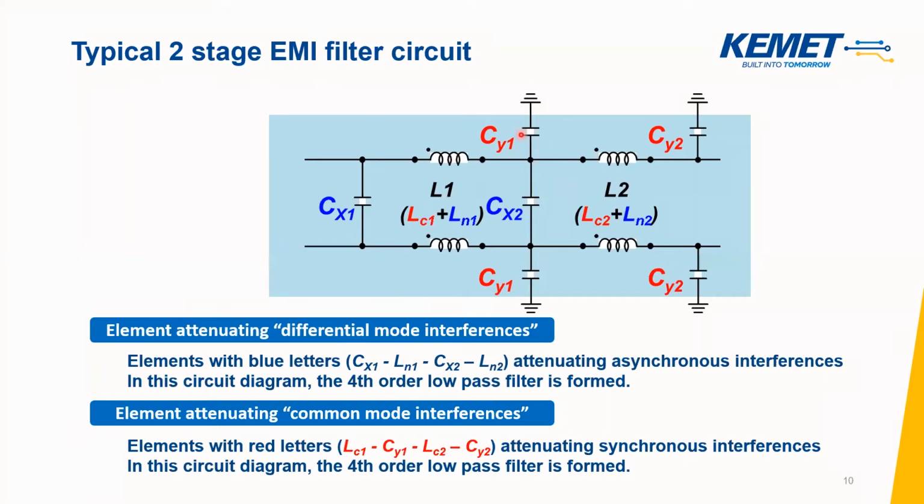Then it would not be possible for you to differentiate or remove noise unless you actually connect a capacitor between that line and ground or chassis. Similarly, if you have asynchronous noise, or noise between two lines or line and neutral signal, then you can effectively filter out noise by connecting a capacitor between these two lines.